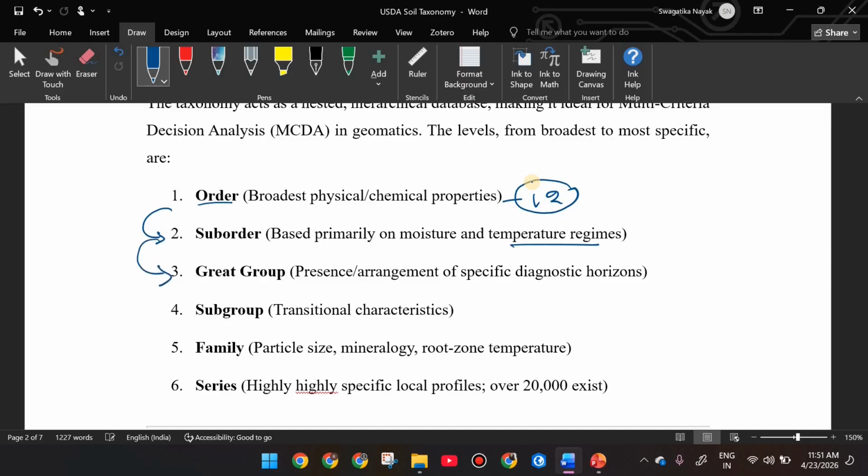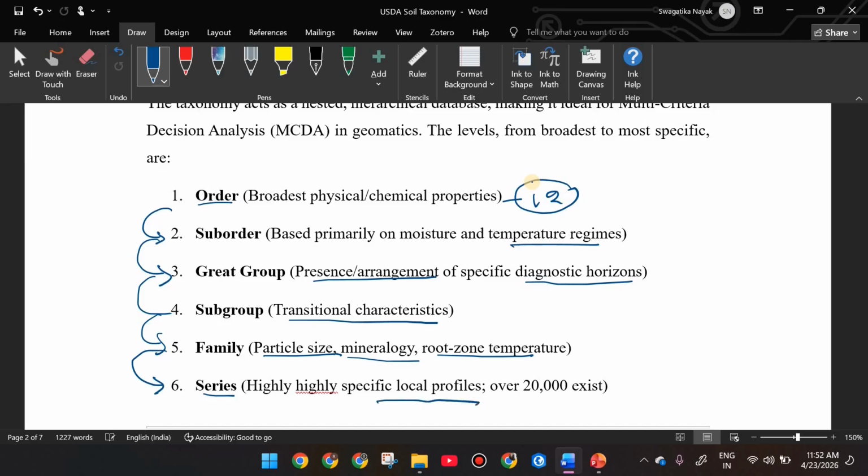Then we have the great groups, based on the presence or arrangement of specific diagnostic horizons. Then the subgroups, which show the transitional characteristics of soil. Then the family: particle size, mineralogy, root zone temperature. Then we consider the series of soil, that is, from which series the soil came.